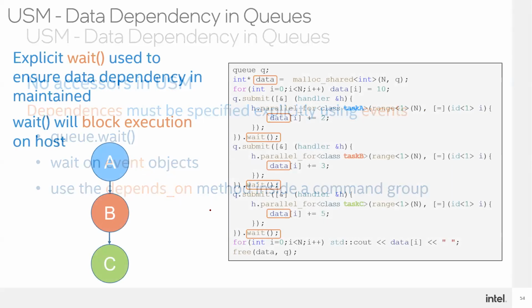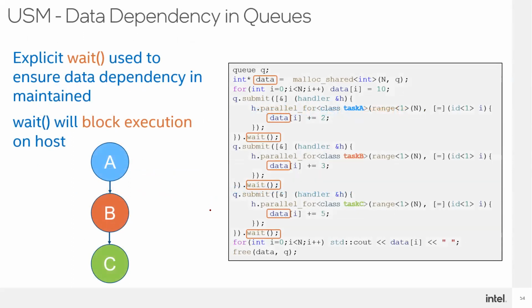So now there will be some details on what is better and what is blocking and non-blocking. It's quite important. In this particular example, we do have a queue. We allocate with malloc_shared, so we are following the implicit memory USM. We are initializing it. And then we perform a queue submit operation, right?